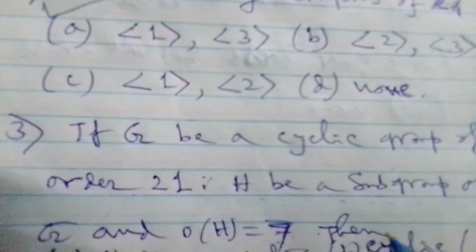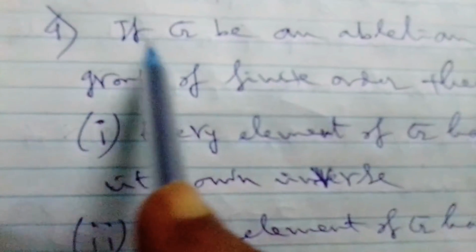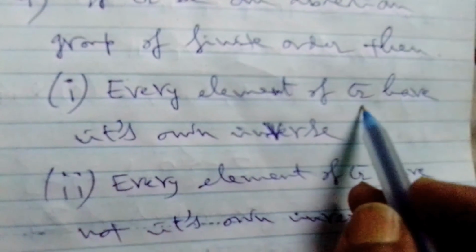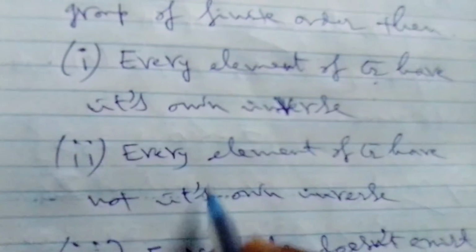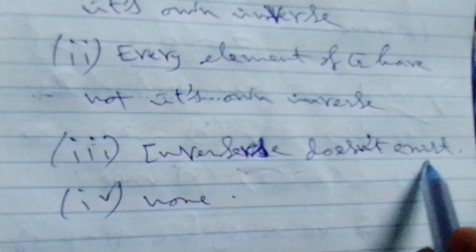Now we go to the next question. If G is an abelian group of finite order, then every element of G has its own inverse, or the inverse doesn't exist, or none of these options.